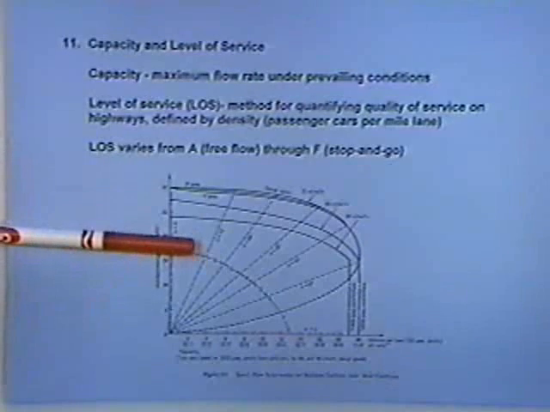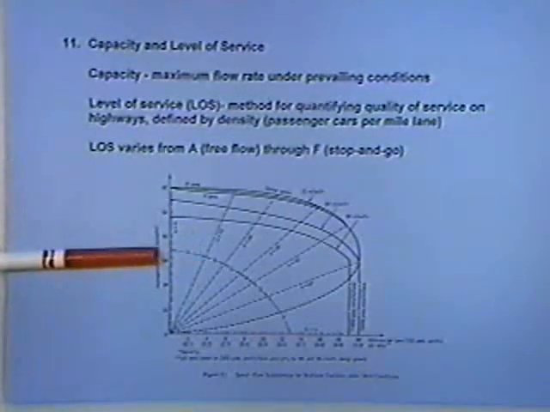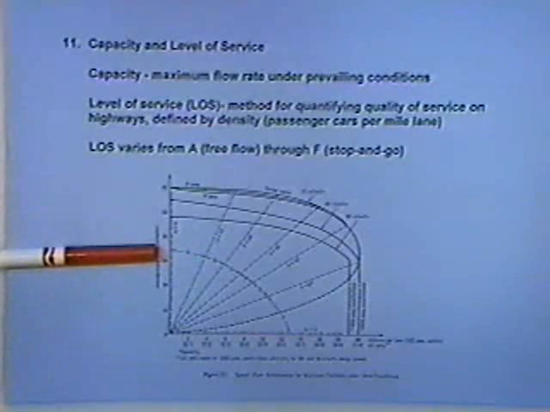There are some dashed diagonal lines on that where K equals 12, K equals 20, etc. Those are densities for those different speed-volume combinations. You'll also notice some letters in the middle of that, A through F, and those correspond to the breakpoints for those different levels of service.